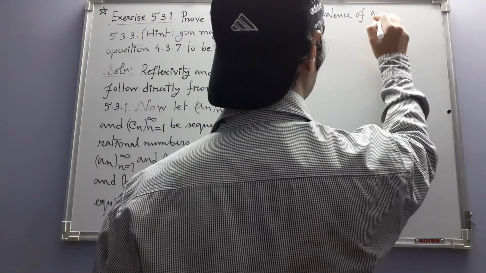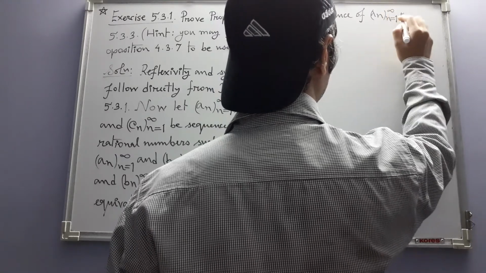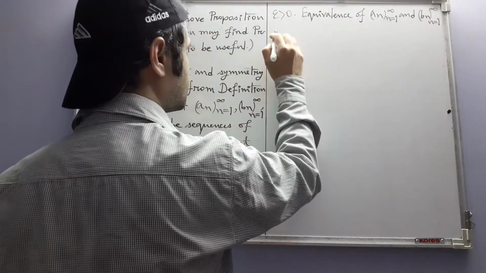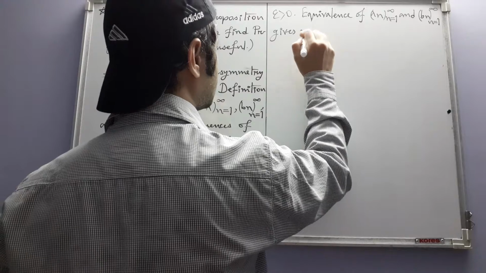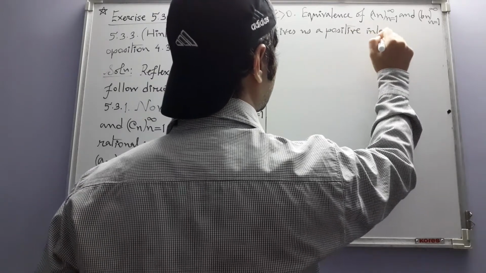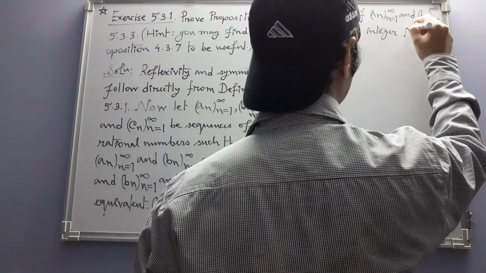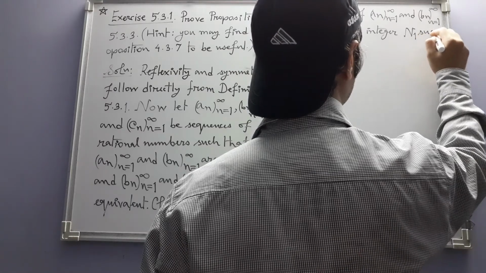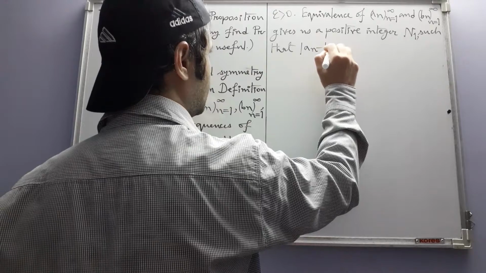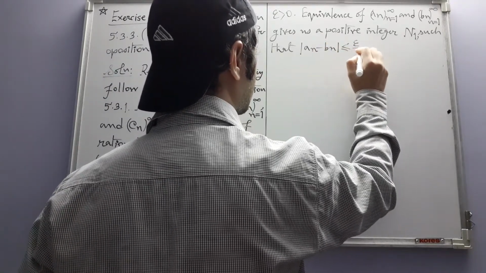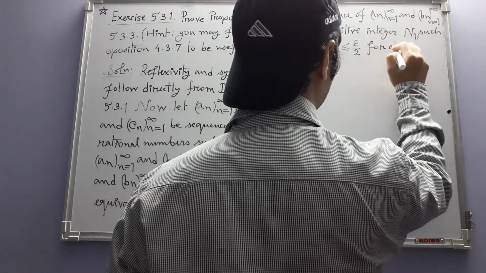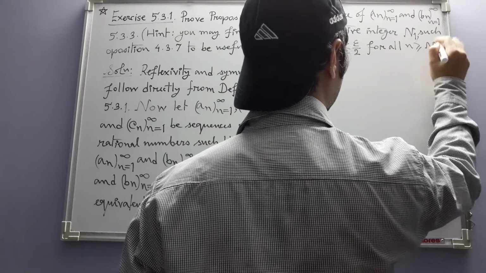Equivalence of a_n and b_n gives us a positive integer N1 such that the distance between a_n and b_n is less than or equal to, for convenience in place of epsilon, we are choosing epsilon divided by 2, for all integers n greater than or equal to N1.